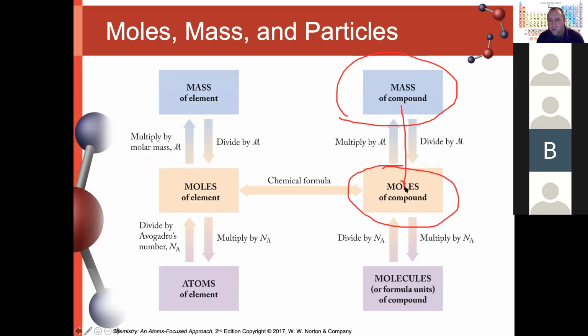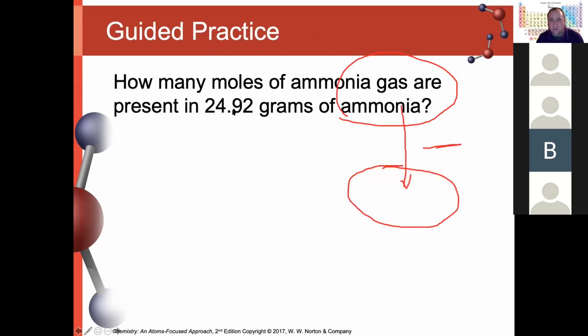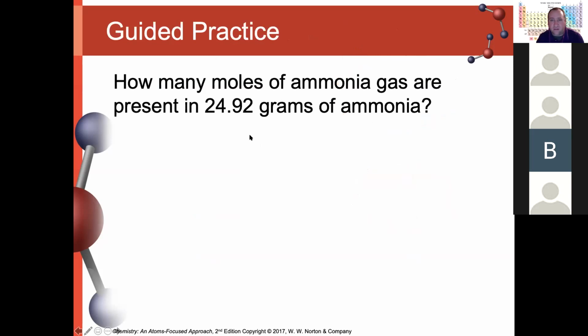So I know to do that, I'm going to need to divide by the molar mass. The only thing I need to do to solve this problem is find the molar mass. So the molar mass of ammonia, ammonia is NH3.